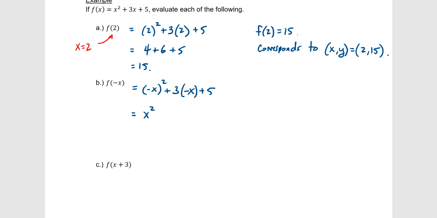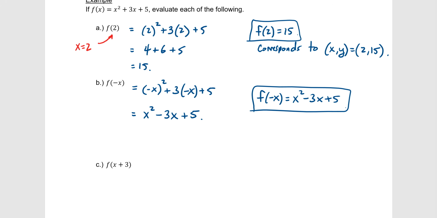This is where we have to remember a negative x to an even exponent will just be positive x to that exponent. Negative x to an odd exponent will be negative x to that exponent with the parentheses no longer there. Okay, so for the second term, we have just minus 3x plus 5, and that is our answer.